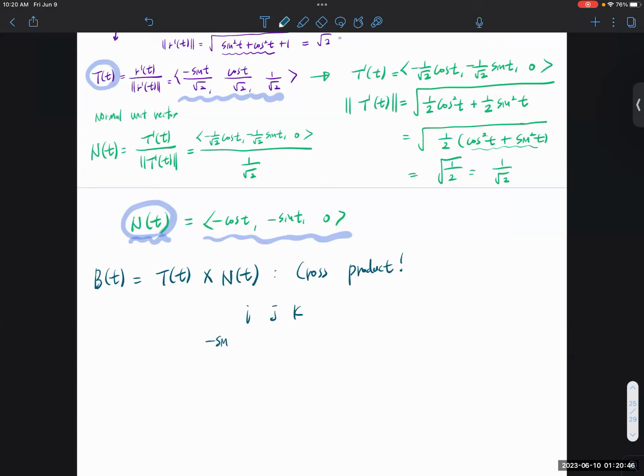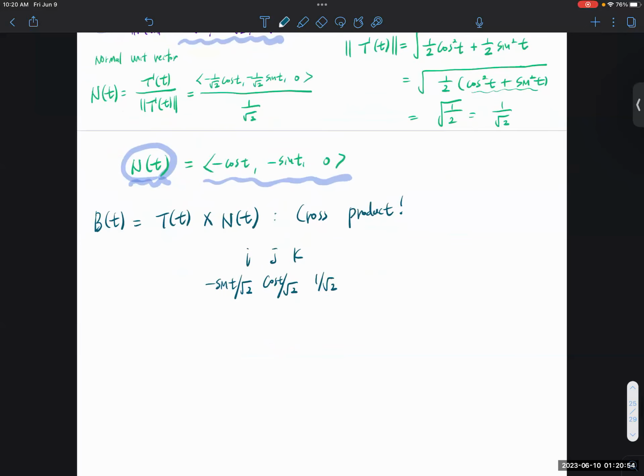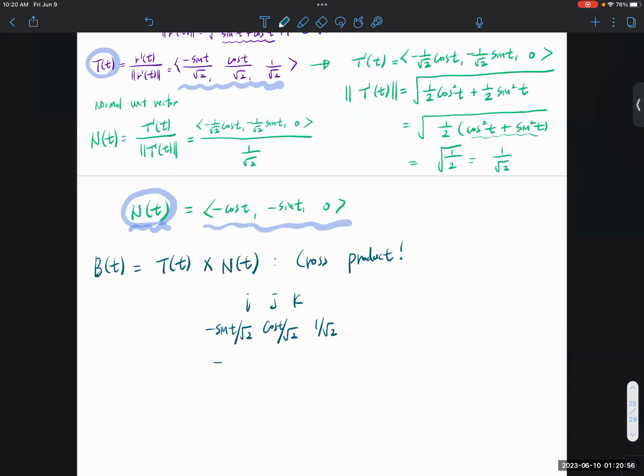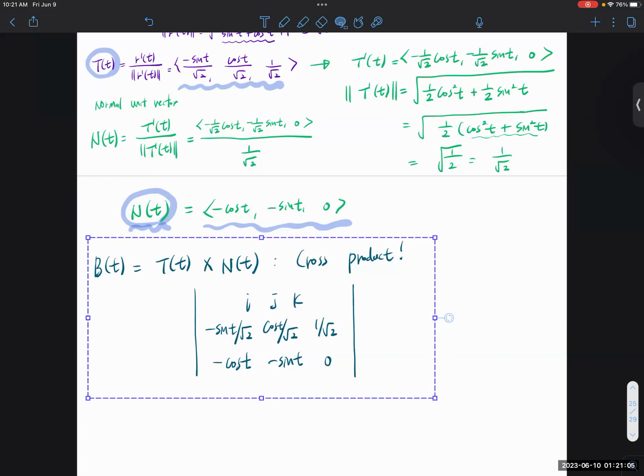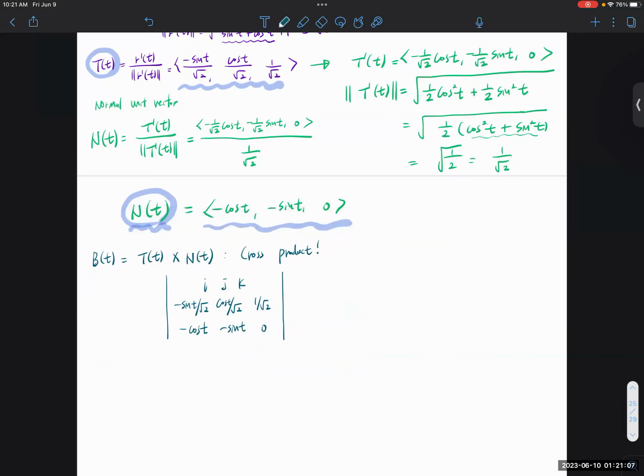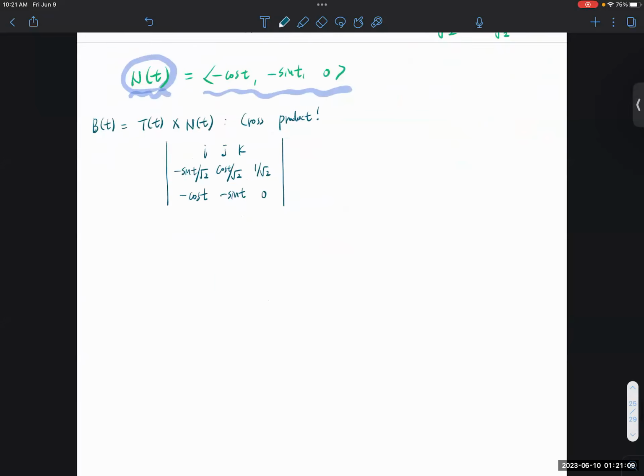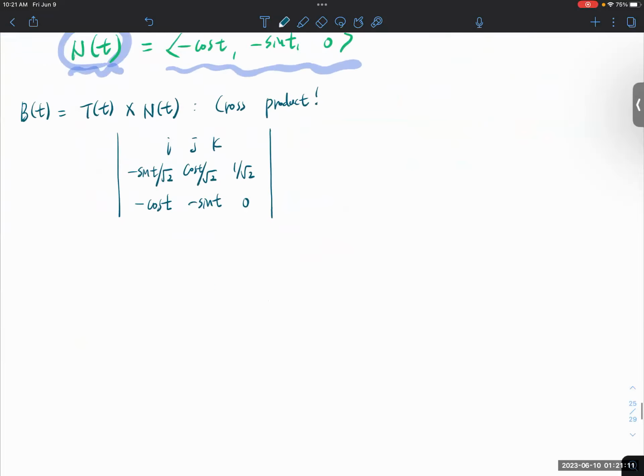Negative sine t divided by radical 2, cosine t divided by radical 2, 1 over radical 2. And then the normal: cosine t, negative sine t, 0. All right, we got this. So now by using the determinant, we can find it.